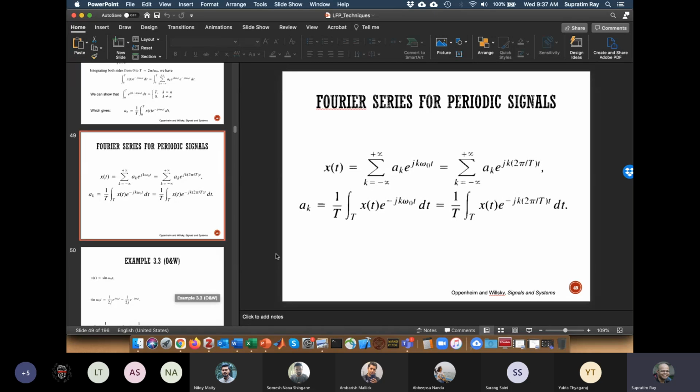I think to his credit, it was not just Fourier, many people got to this stage, but Fourier was able to expand his idea to the continuous domain also. So that's the Fourier transform, which was a significant step forward.